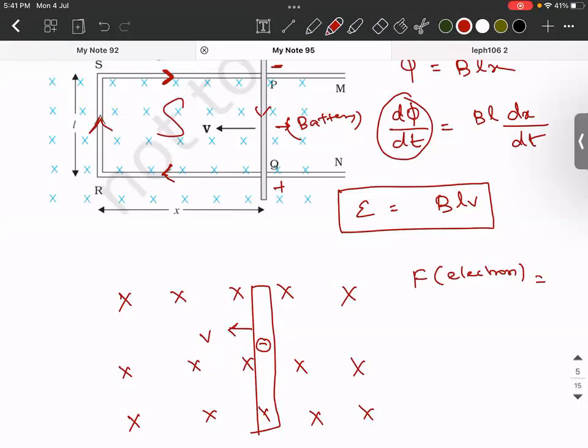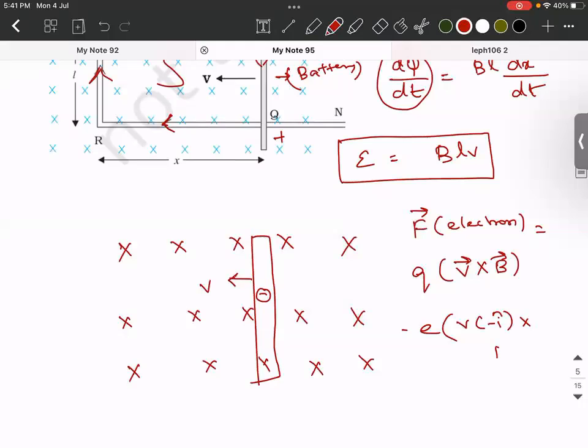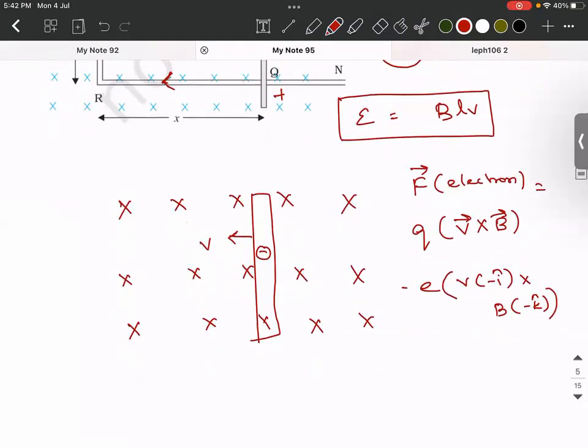Can I write this as Q into V vector cross B vector? So Q is what? E, but with a negative sign, multiplied with V, which is V minus I cap, cross B, which is B minus K cap. Is it right?